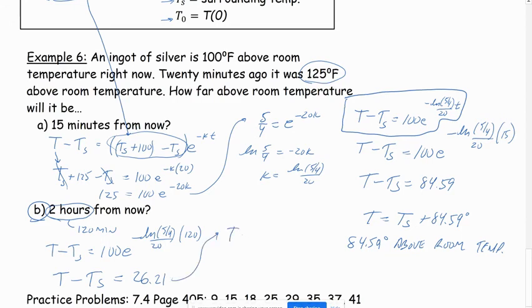And so then the temperature is Ts plus 26.21. So that means after 2 hours, it's only 26.21 degrees above room temperature.